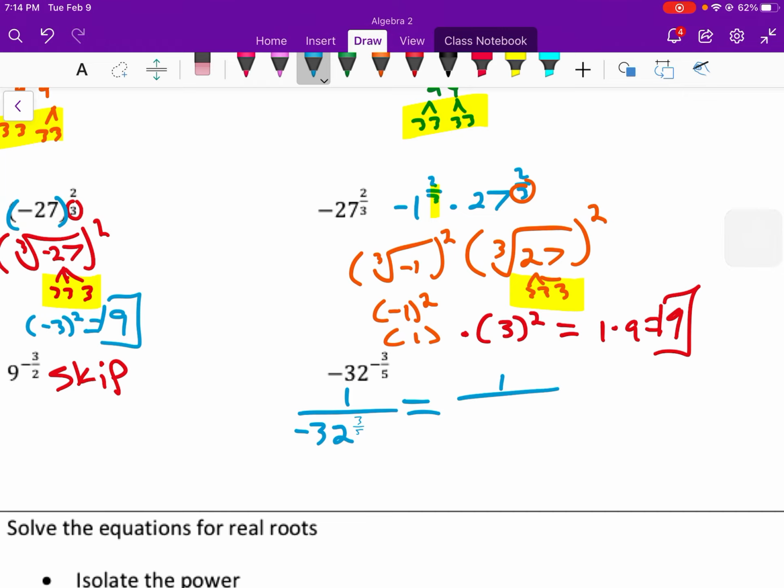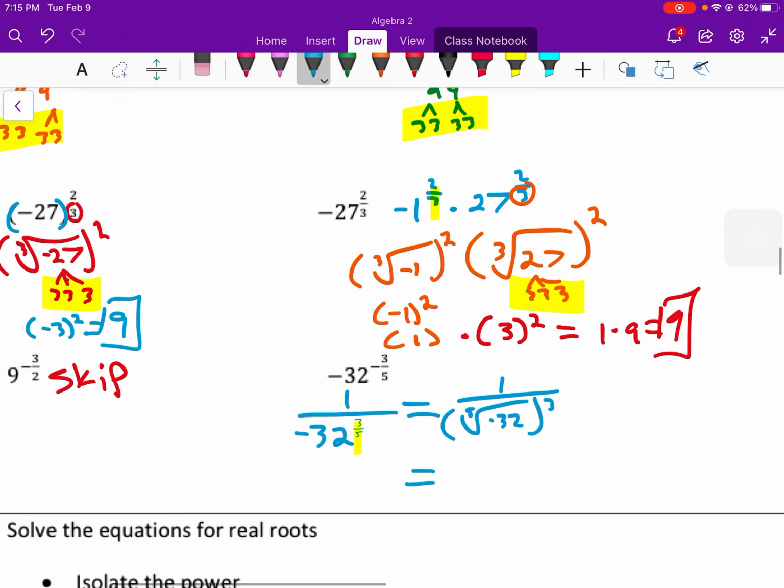So now we can do 1 over, it's going to be an index of 5, so it's going to be the 5th root of negative 32 to the 3rd power. So then we can simplify that, because negative 32 here is going to have 5 factors of 2, because 2 times 2 times 2 times 2 times 2 is 32.